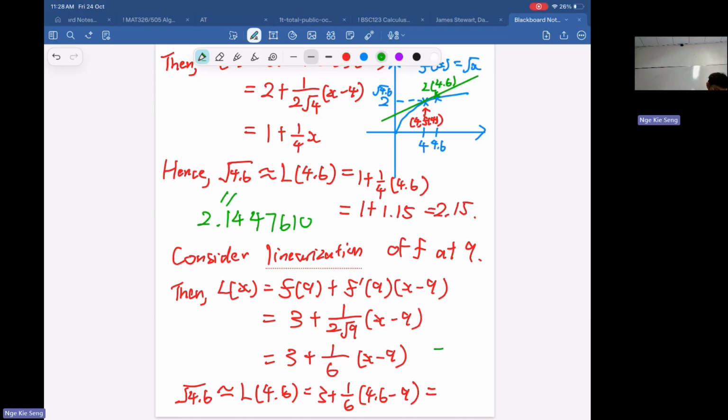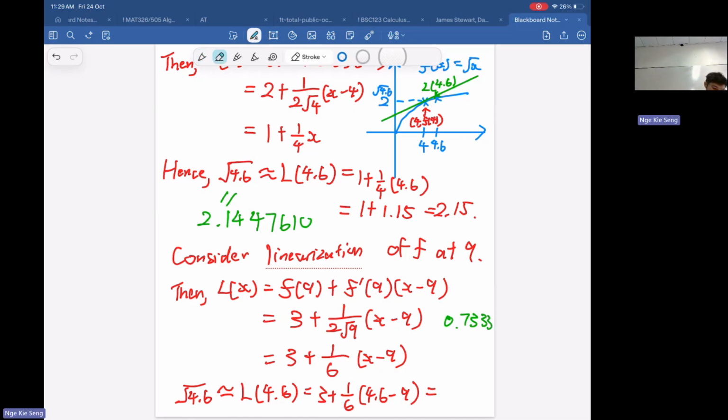What's this? Negative 4.4. Is it divisible by 6? 20 divided by 6 cannot be divided finish, right? 0.7333 something, right?